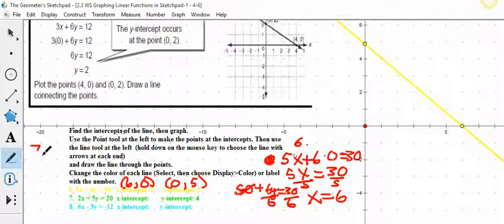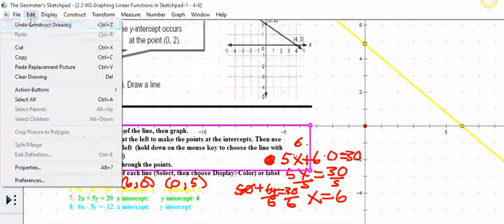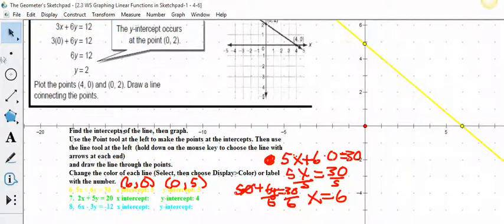For number 7, you would let y be 0 first, so that's 2x plus 5 times 0 is 0. So if this is going to all be 0, let's just skip it and just write 2x equals 20. Because that's going to become 0 anyway, and then you solve for x.